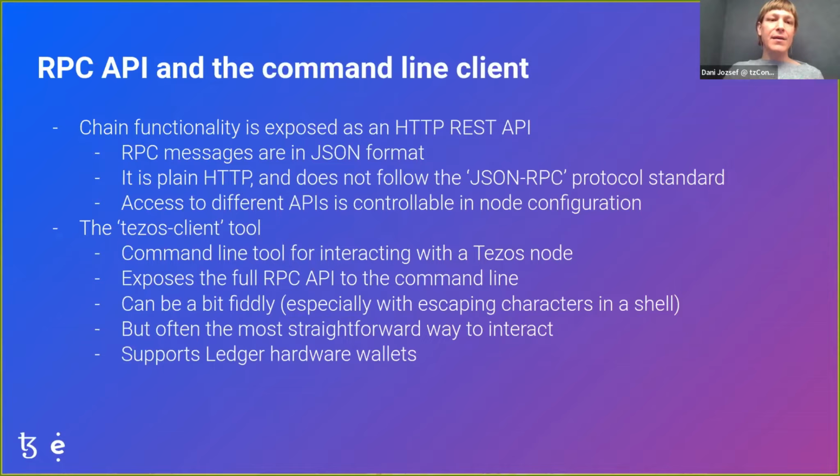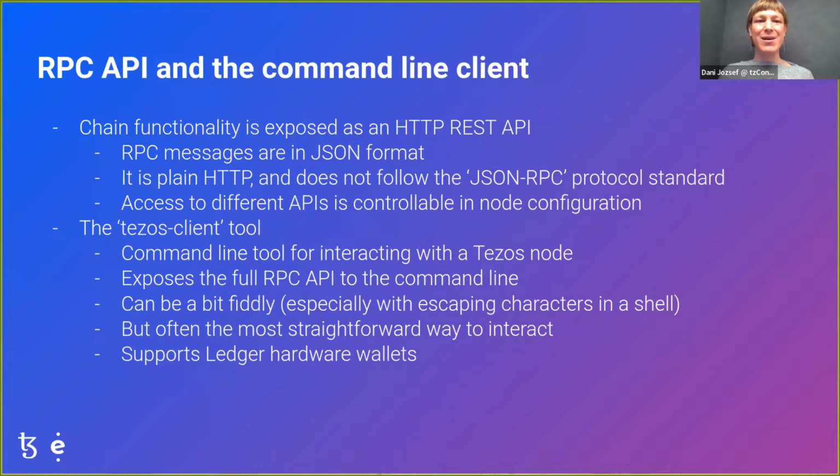There is a command line client called Tezos client, which comes with the node implementation. This is a command line tool for interacting with Tezos. It exposes the full RPC API to a command line in a relatively friendly format, but still it can be a bit fiddly, especially with escaping characters.